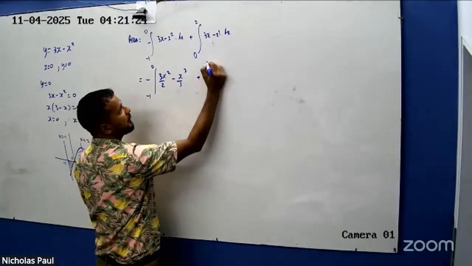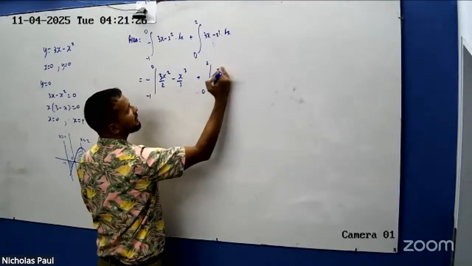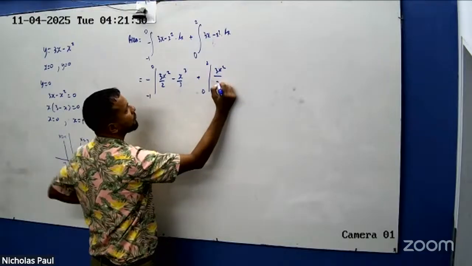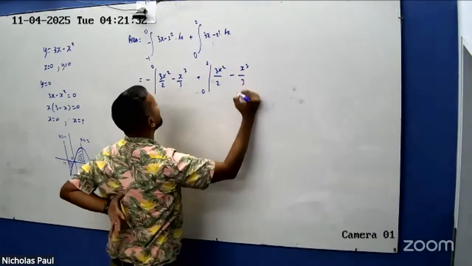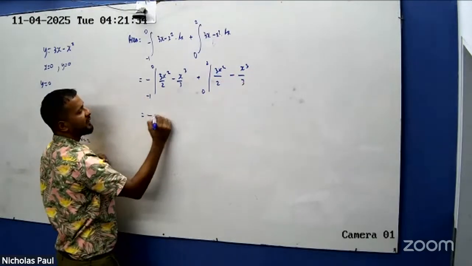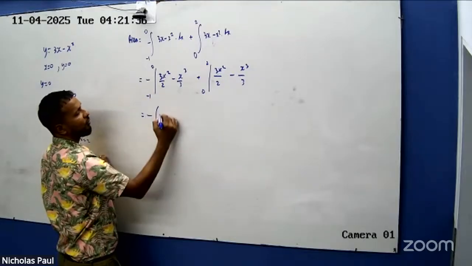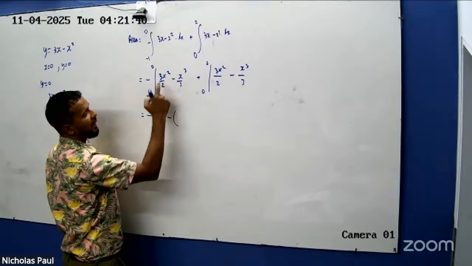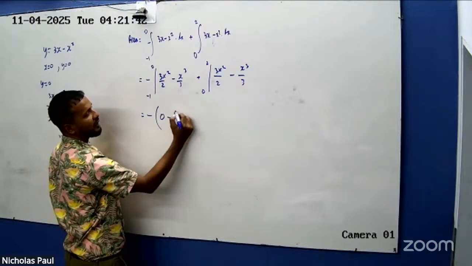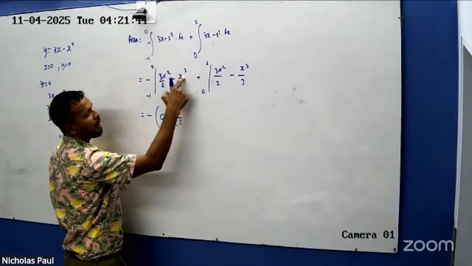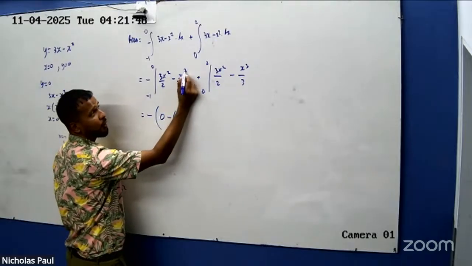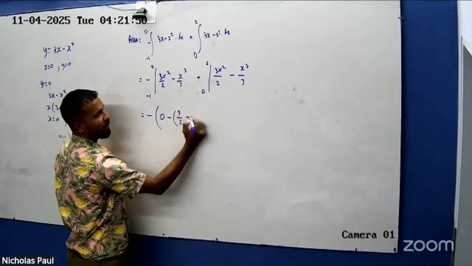Here is between 2 and 0, same thing, right? When you plug in 0, you'll get 0. And then you put in -1, right? So I got 3 on 2, -1 cubed is minus, a minus and a minus is a plus.